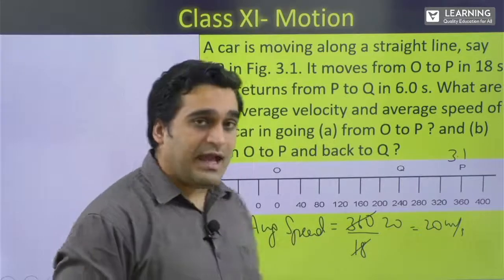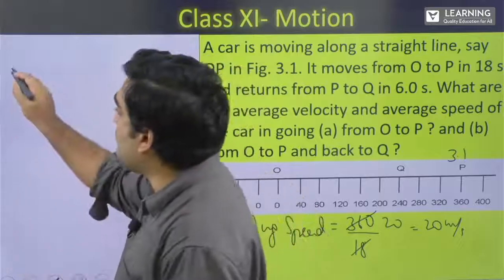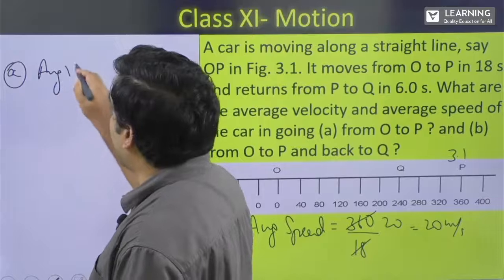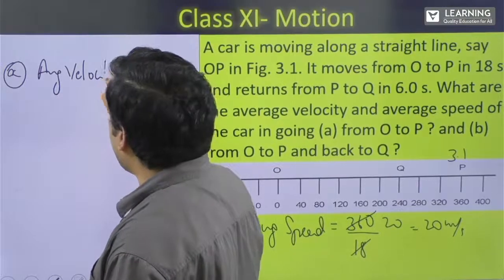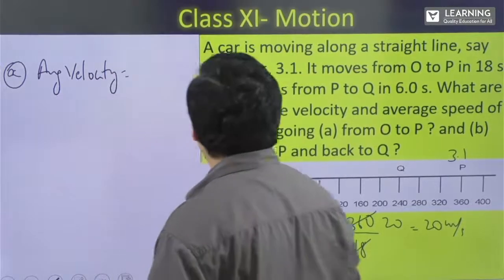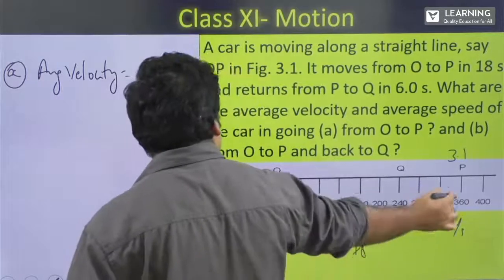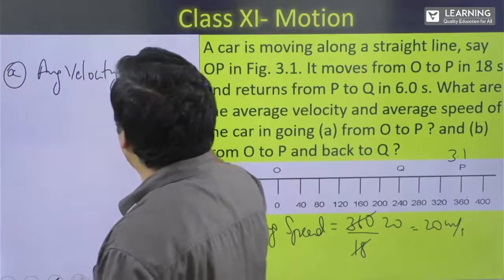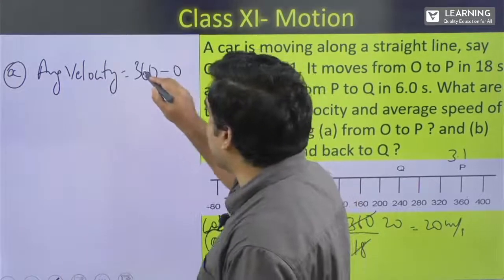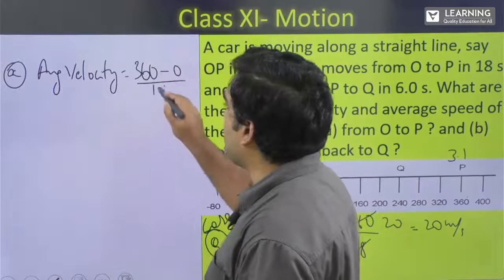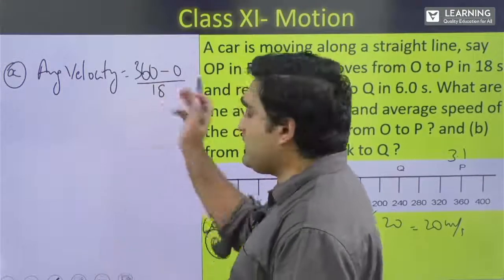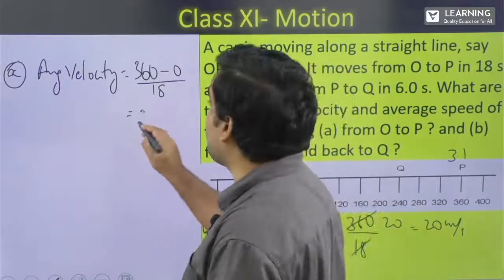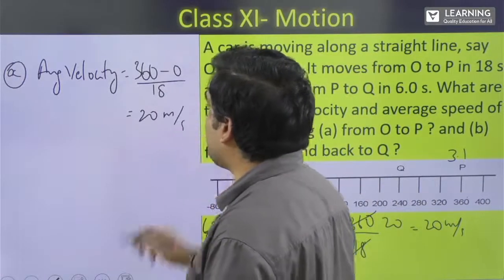Now let's find the average velocity again for case 1, which is A. Average velocity is equal to total displacement, final point 360, initial point 0. So 360 minus 0 divided by total time 18. 360 minus 0 is still 360, and then 360 by 18, you still get 20 meter per second.